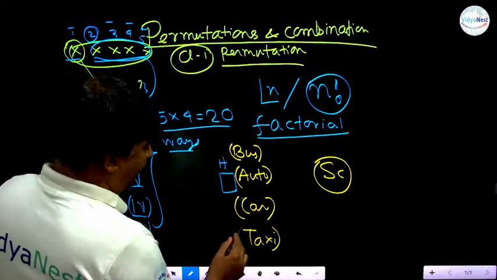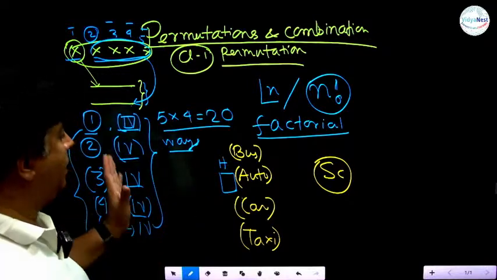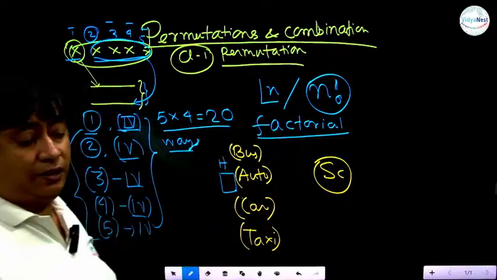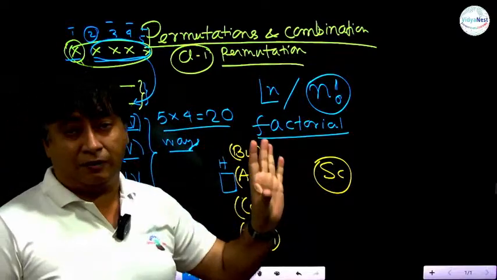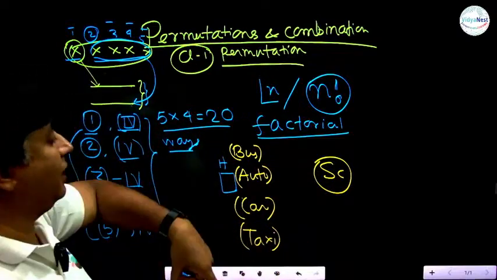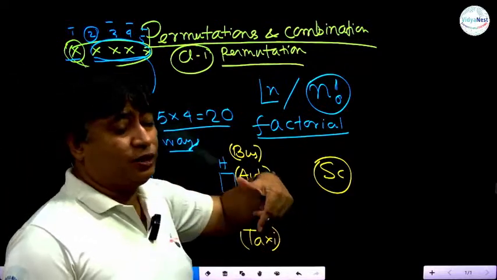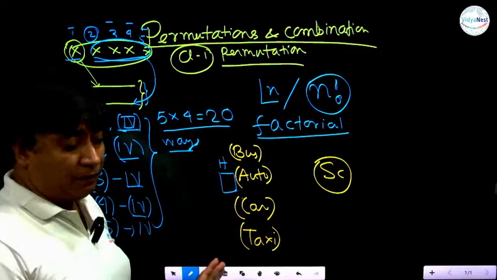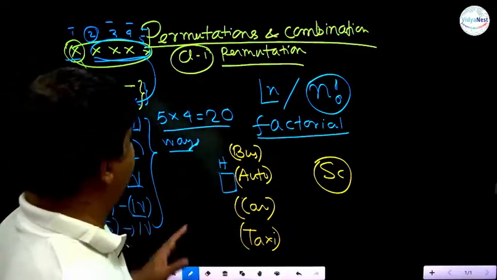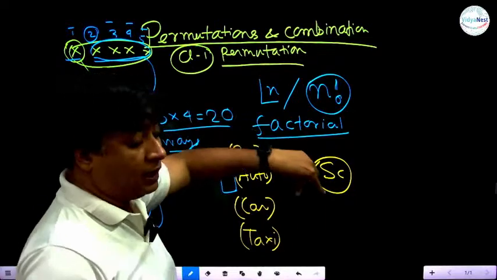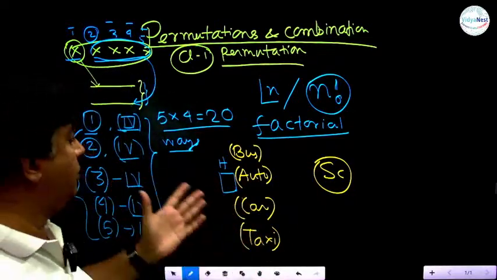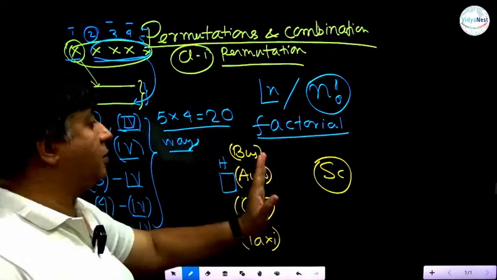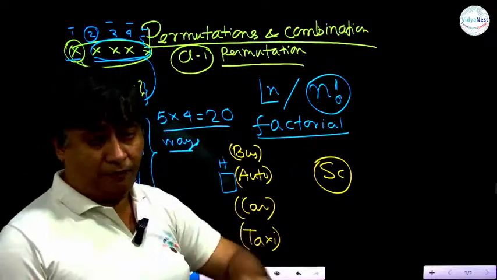There are 4 vehicles by which you can go from your house to school and return. But one condition is imposed that in the time of going, the vehicle you are choosing will not be allowed to choose in the time of return. That means repetition is not allowed. Once you choose bus, in the time of return, you will not be allowed to choose bus. So in this way, how many ways can you complete your total up and down?